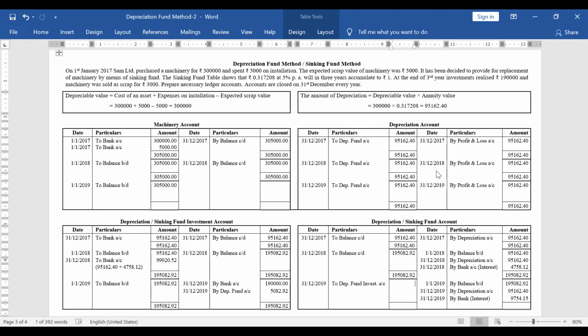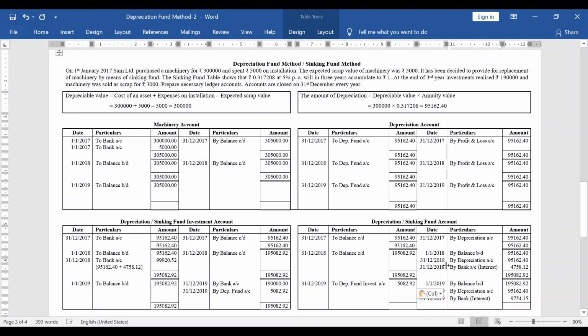The amount is debited to depreciation fund account. Now with this, depreciation fund investment account is closed. Now please note, if there is a profit on sale of investment, then depreciation fund investment account is debited with the amount of profit and depreciation fund account is credited with the amount of profit.